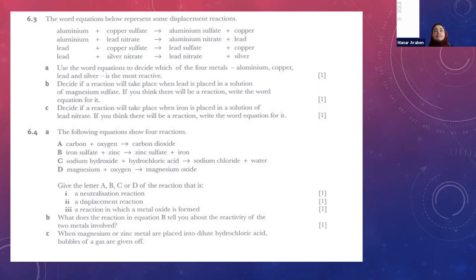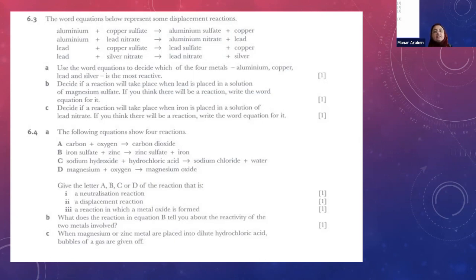Another example, potassium hydroxide plus sulfuric acid will give potassium sulfate plus water. The third example, nitric acid plus sodium hydroxide will give sodium nitrate plus water.